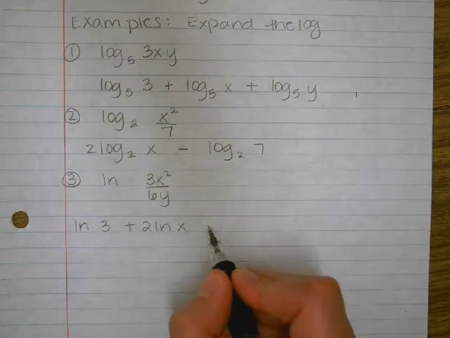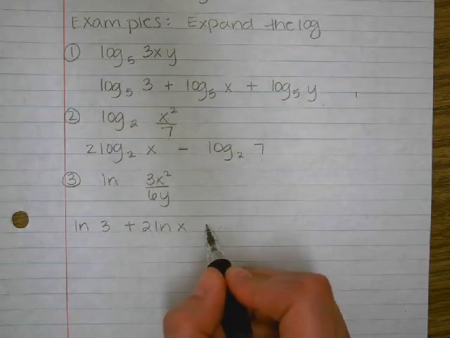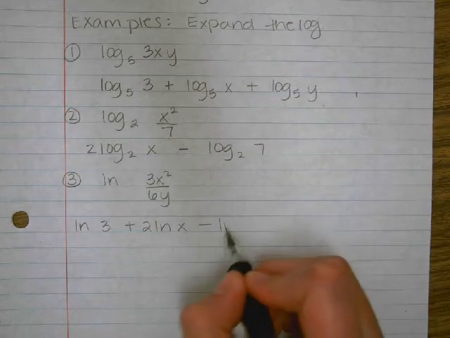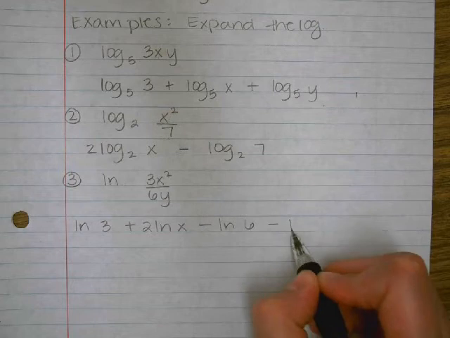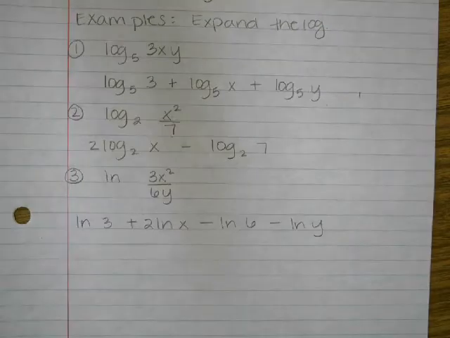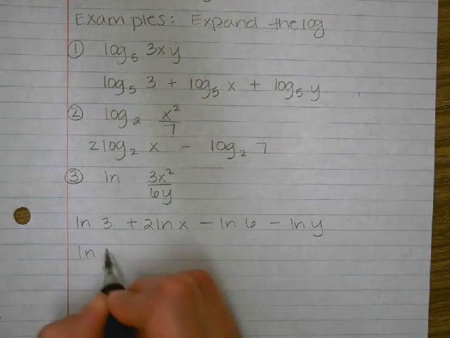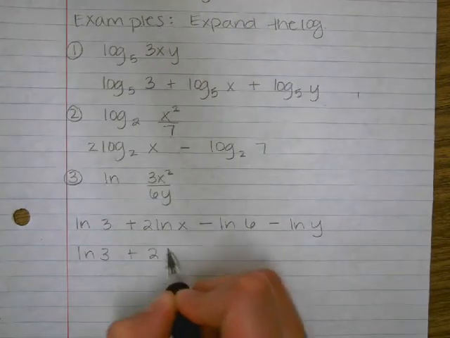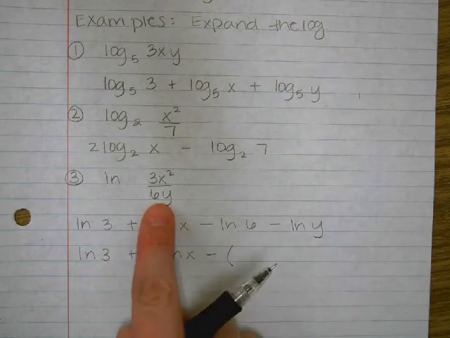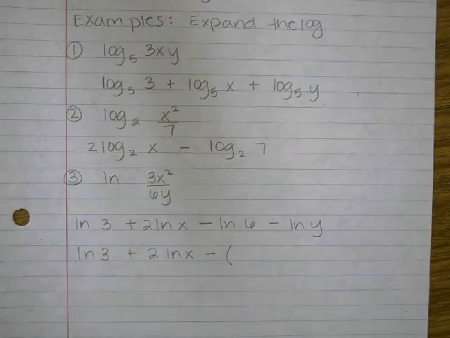Now, the rest of this we can actually write in two different ways. These things are being divided, so I can say minus ln 6 minus ln y to show that those two things were divided. Or, another way to write this exact same problem, some people like to think of the 6 and the y as being multiplied by each other on the bottom.